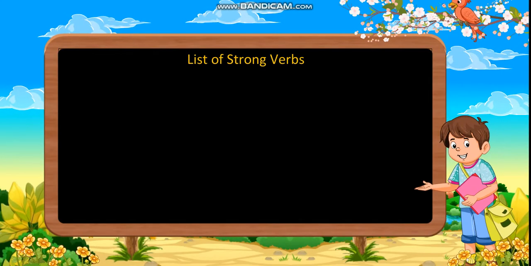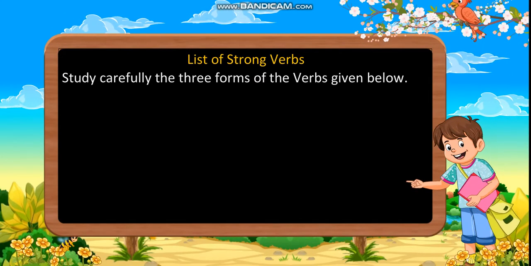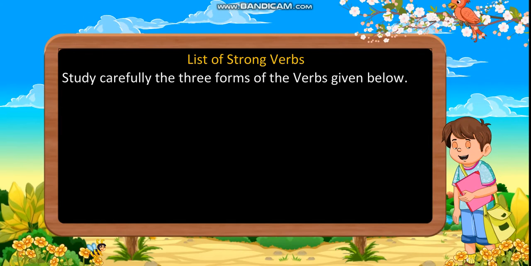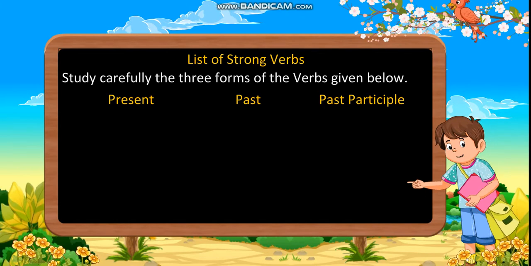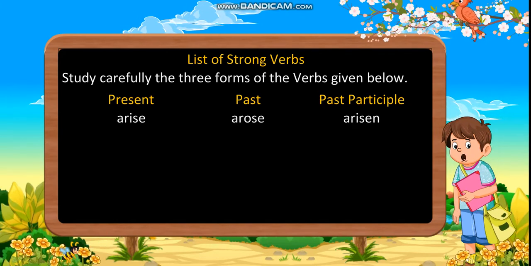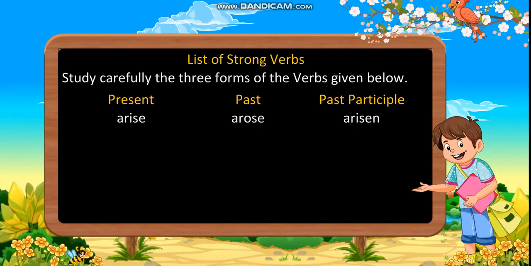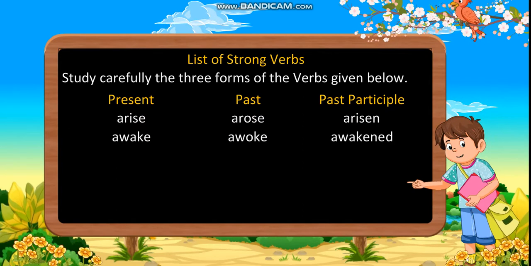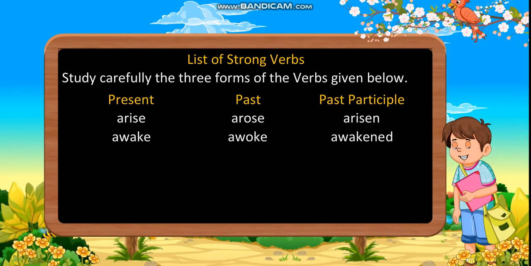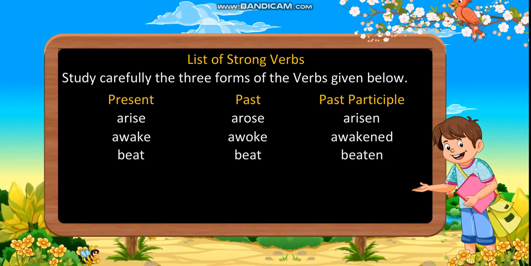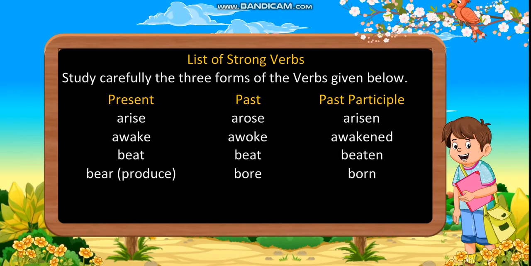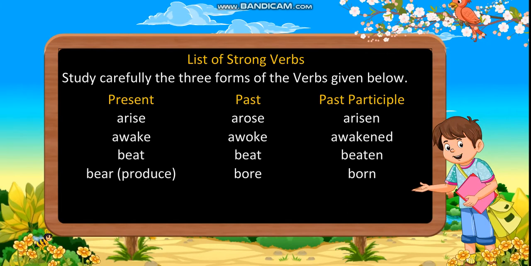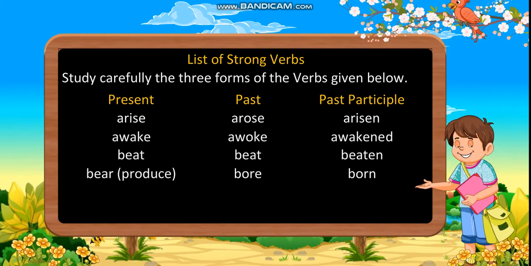List of strong verbs. Study carefully the three forms of the verbs given below. Present, past, past participle. Arise, arose, arisen. Awake, awoke, awakened. Beat, beat, beaten. Bear (produce), bore, born.